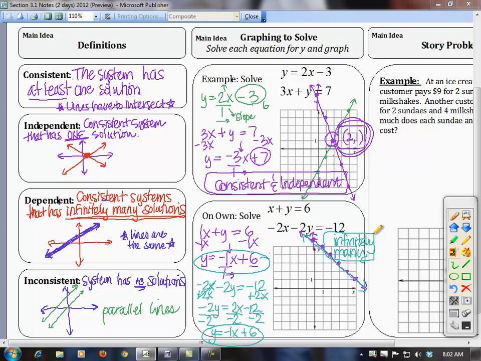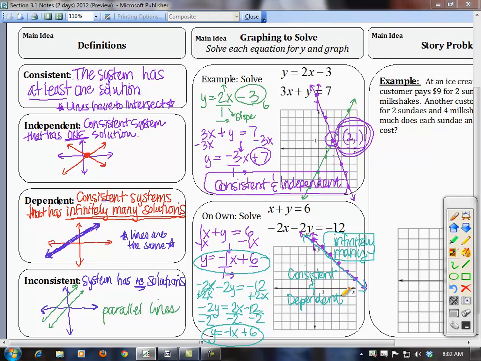And then if I actually want to label my system, there are solutions, so we say it's consistent, and there are infinitely many solutions, so I look at my list on the left, that means dependent. Okay, so this is a consistent and dependent solution, and that means that there are infinitely many answers.